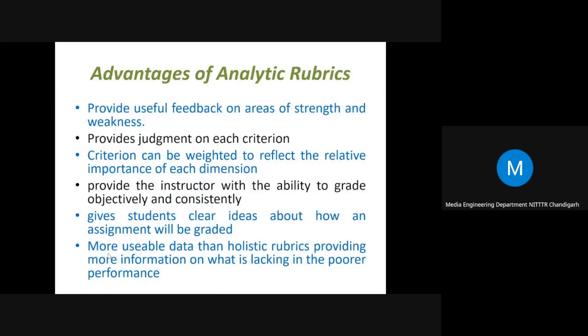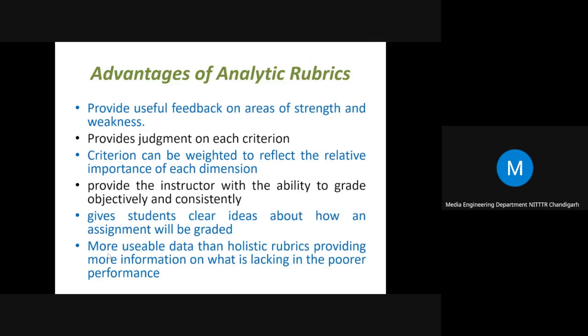Okay, so now, do you agree with me about these advantages of analytic rubrics? The first is that it provides useful feedback on areas of strength and weakness, or it provides judgment on each criterion, right? Because we are evaluating each criterion separately, if the student is getting the highest possible grade in that, that means that is his or her strength.